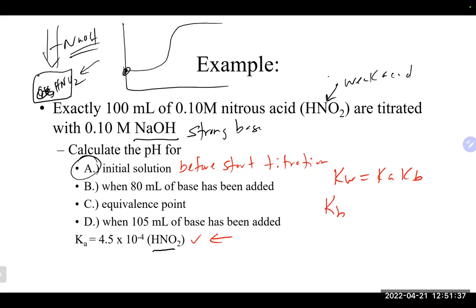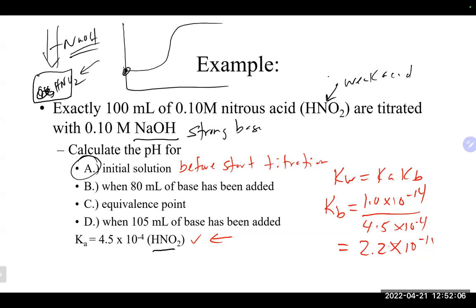And since we're looking for the KB here, it would be 1 times 10 to the minus 14 divided by 4.5 times 10 to the minus 4. That gives us a KB value here of 2.22, a lot of the same numbers in these problems, times 10 to the minus 11 in this case.